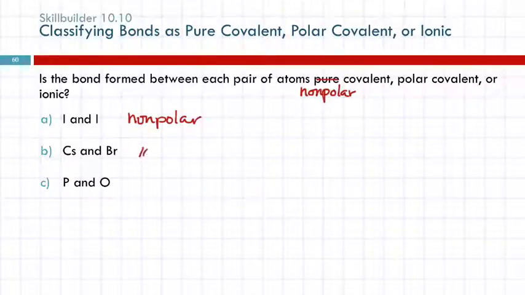Ionic. And you really just need a periodic table all the time, don't you? How about phosphorus and oxygen? Polar. Two nonmetals. They're both nonmetals. They're on the right of that stair-step line, so it's going to be a covalent bond. They're different, so I would expect you to tell me that they are polar. It's a polar bond. Any questions?